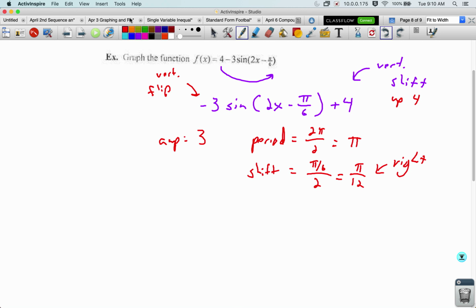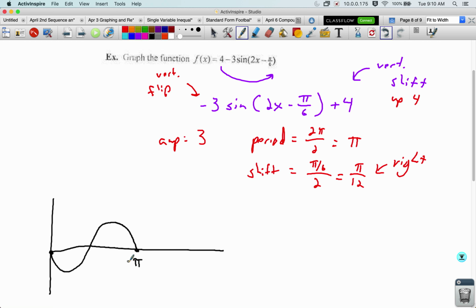Okay, let's see if we can put this all together into a sketch. So normally our sine wave would go up, but the vertical flip means it's going to go down first. Here's what a sine wave normally looks like.